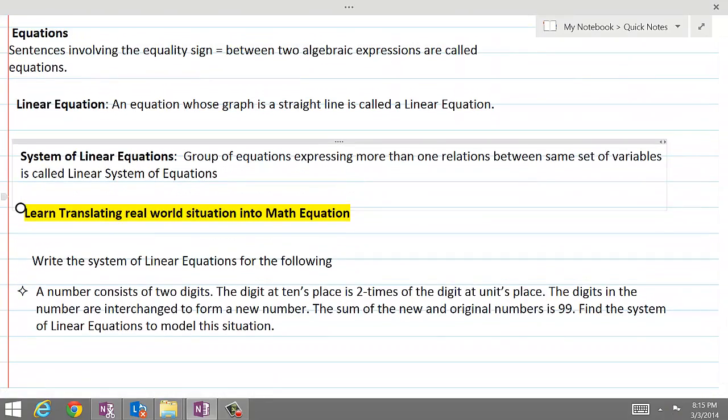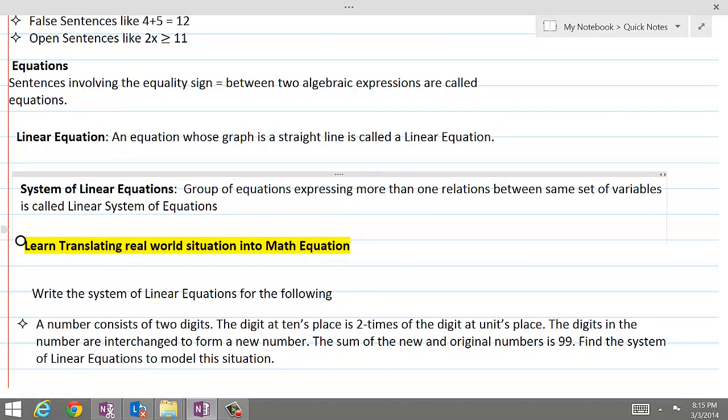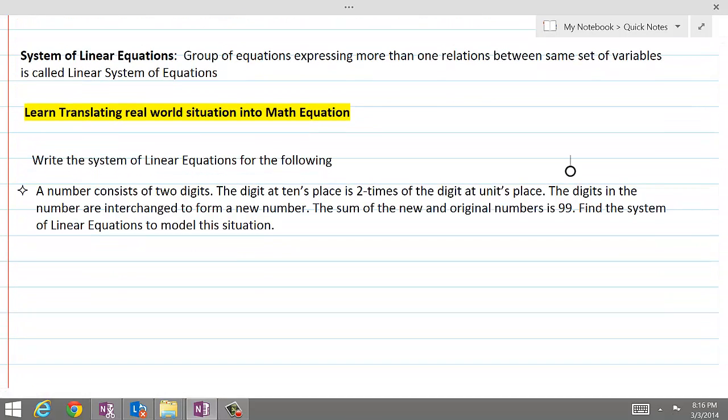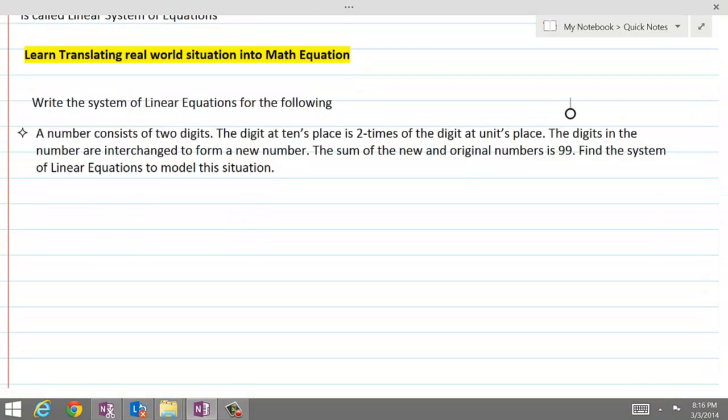Now we take a look at the definition of a system of linear equations. A group of equations expressing more than one relation between the same set of variables is called a linear system of equations. So this topic is called mathematical modeling, and this is the most important.